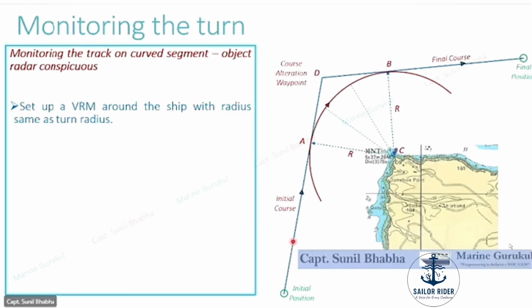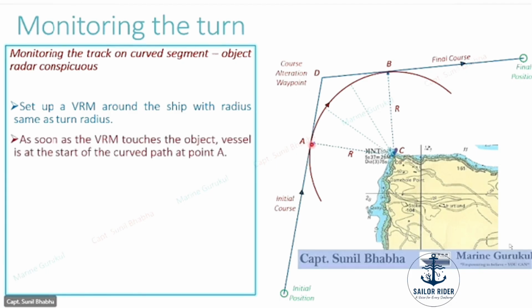Now, while moving on the initial course, when the vessel reaches point A, this is the point where the VRM we had set up is passing exactly over the center of our turn.